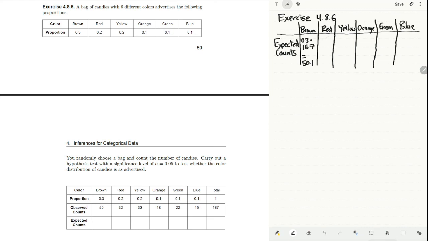Then for the red candies, we take 0.2 and multiply it by 167, which gives us 33.4. The same is for the yellow candies, so 33.4. For the orange, green, and blue candies, we have 0.1 times 167, which is 16.7.